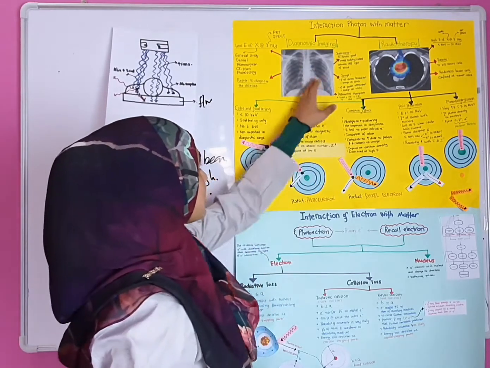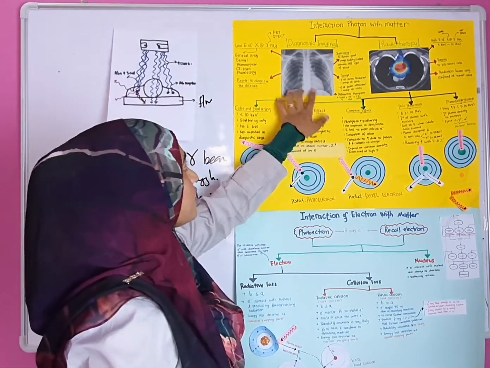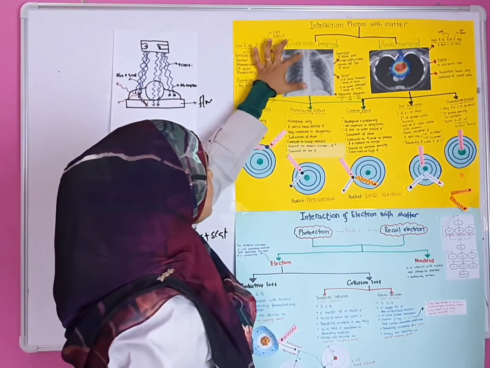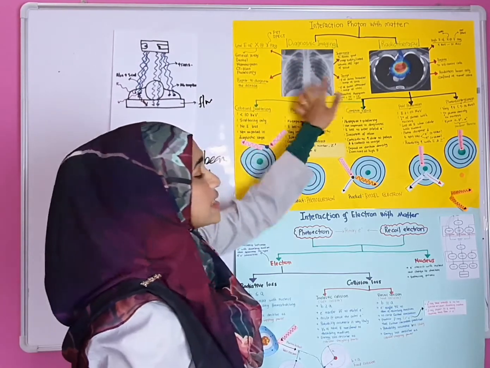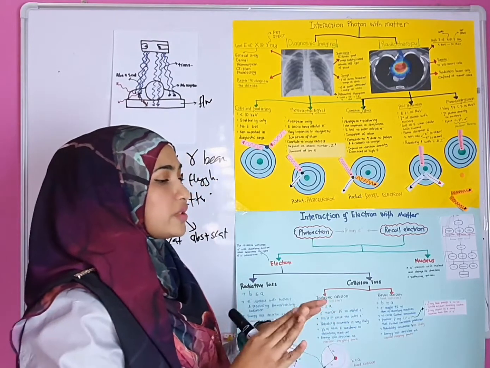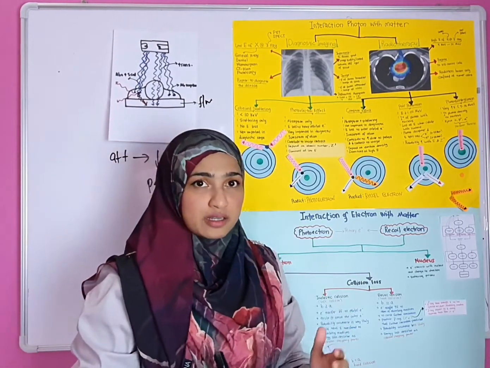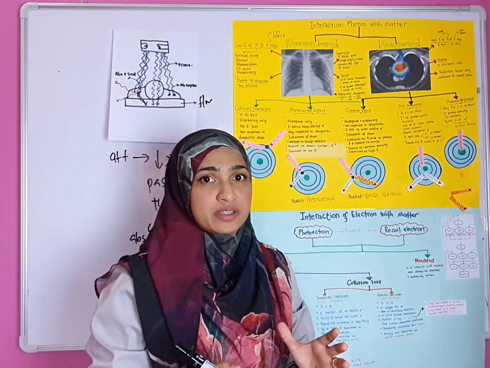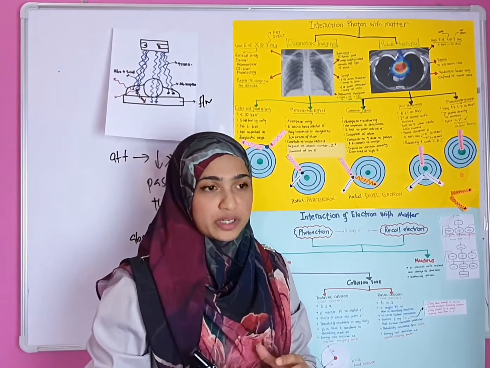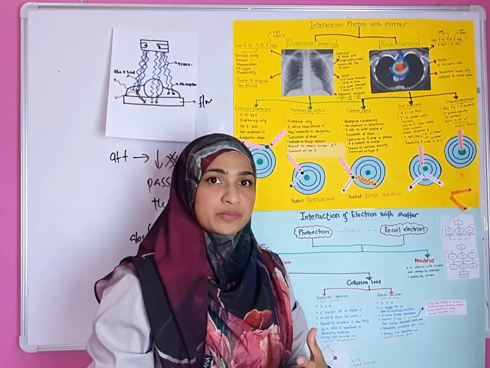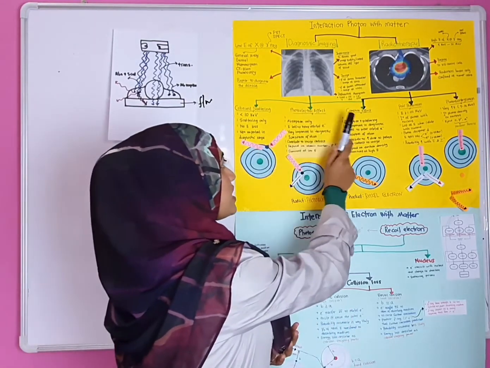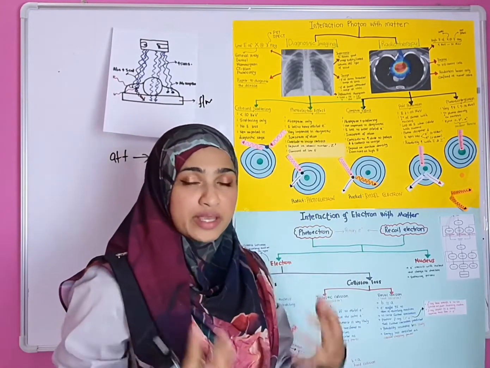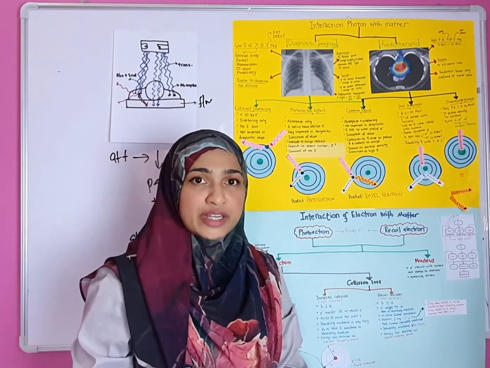If you look at this chest X-ray radiograph, the lung appears as a dark region whereas the bone appears as a white region. The difference between dark and white on one film is differential absorption. Why does this appear? That is due to different interactions happening within the patient body during the irradiation.